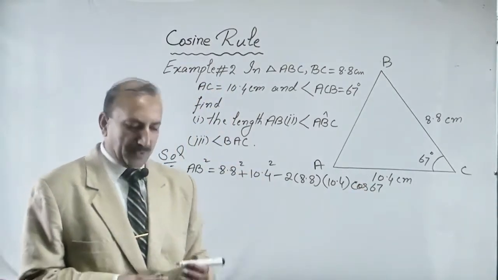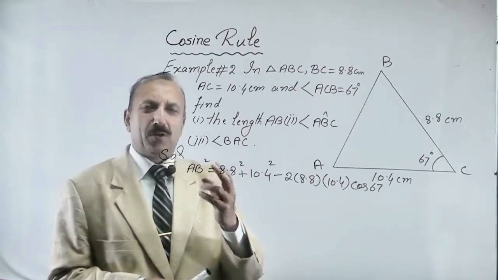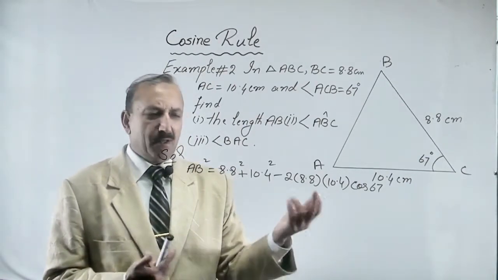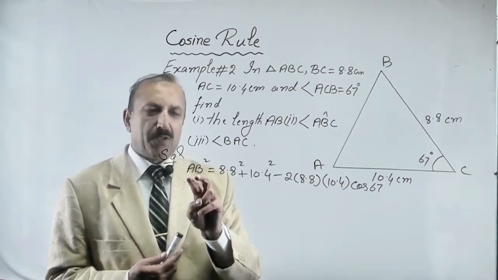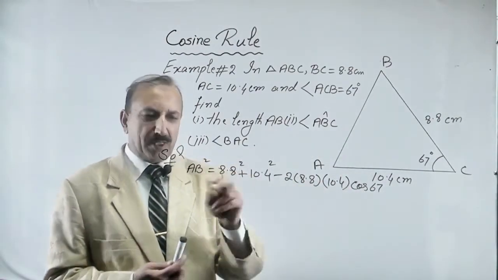I told you in the explanation of the cosine rule that there is no need to write the alphabets A, B, C all the time. You can directly use the values from the picture in the formula. So that I did here.